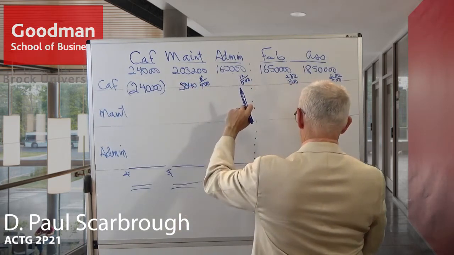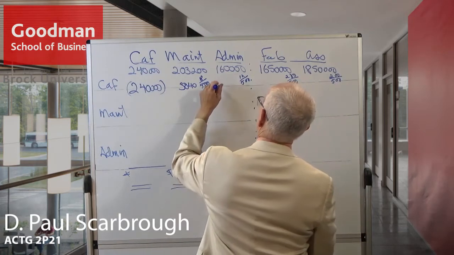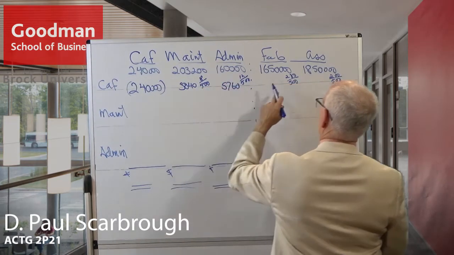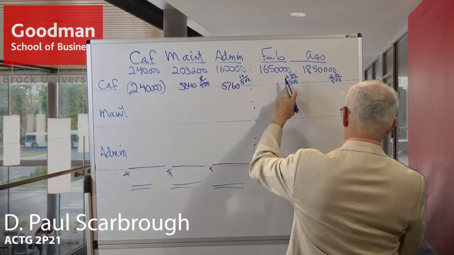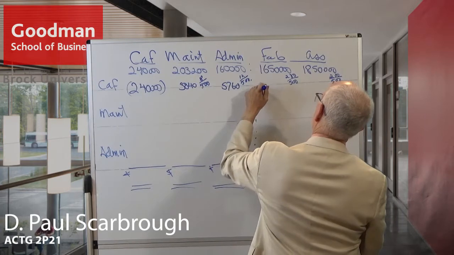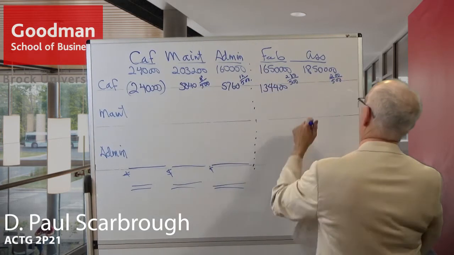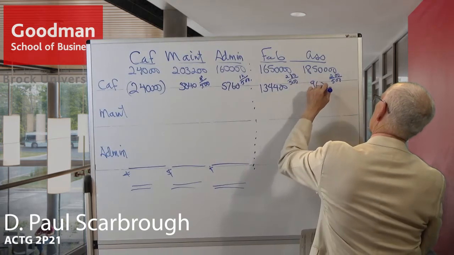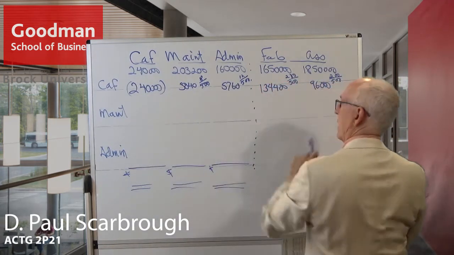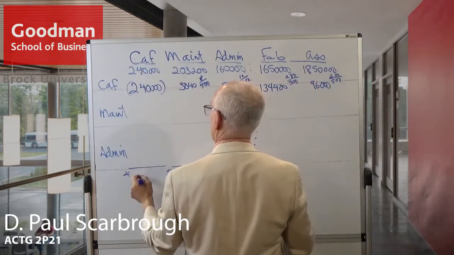And the 12 over 500 is going to be 0.024. That's going to be 5,760. 280 over 500 would be 56%, or 134,400. And over here we have 96,000. One credit and four debits.